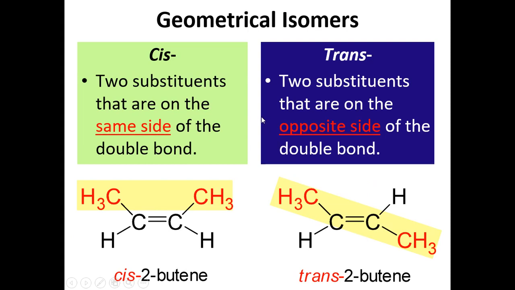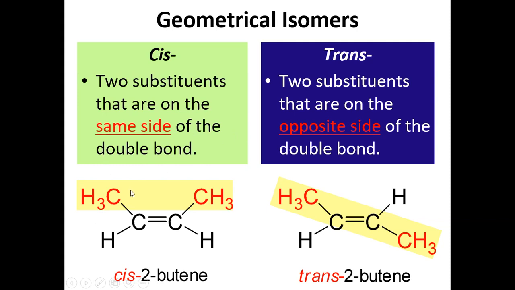For geometrical isomer, we can divide the stereoisomerism into two. Geometrical isomer is divided into cis and trans. Cis means the same side. The substituent is on the same side.